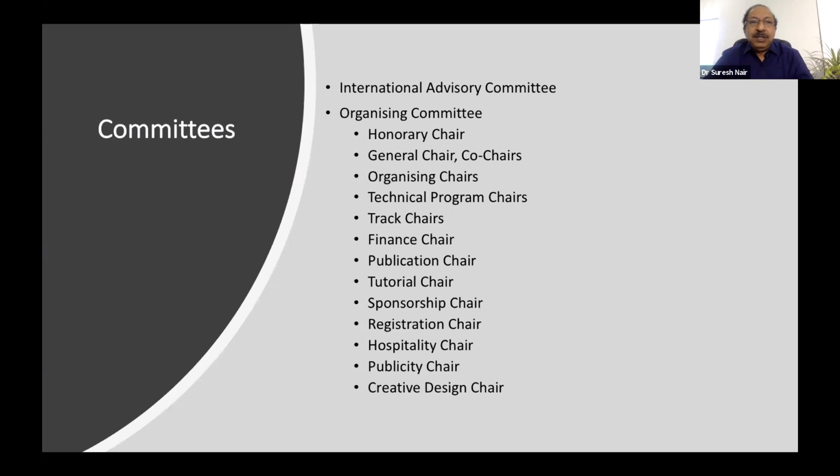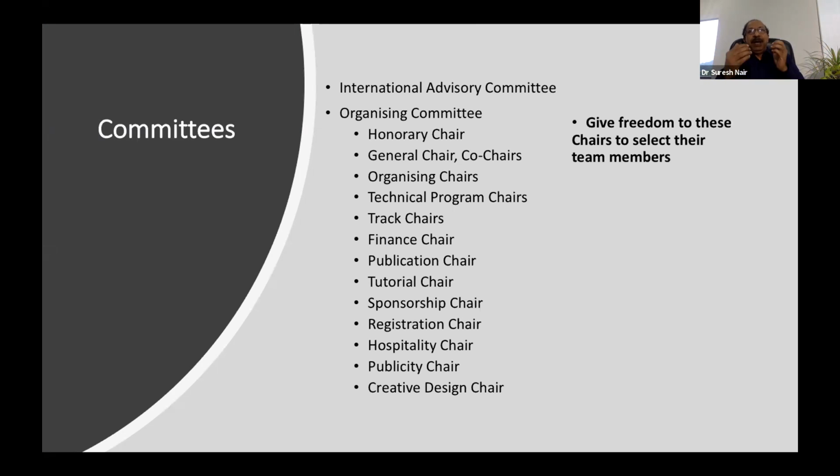The next one is the International Advisory Committee you have to prepare. Then the organizing committee: honorary chair, general chair, organizing chairs. So many people are there. You try to identify all these chairs and then give them freedom to select their team members. One example I will tell: Professor Lilikuti Madam was in charge of the technical program committee, and full freedom was given by all of us, and she took the responsibility.